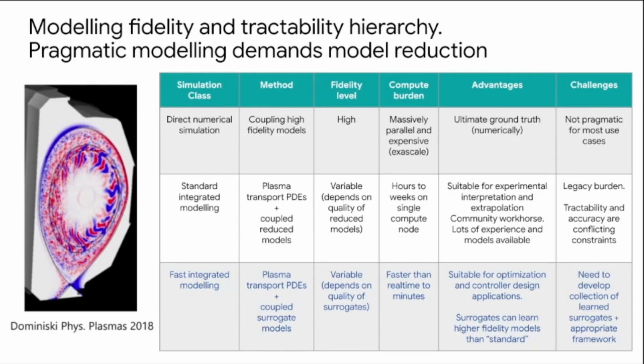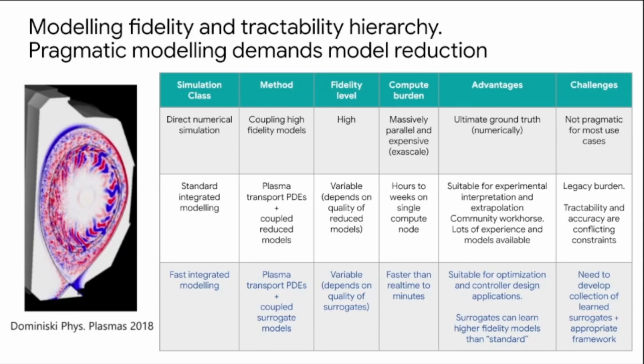The timescale separation is done by treating microphysics as function calls, which populate the coefficients in the transport PDEs. Of course, the quality of these reduced models tends to be inversely proportional to their compute time. So tractability and accuracy are conflicting constraints. In addition, there's also a legacy burden with many of these older suites.